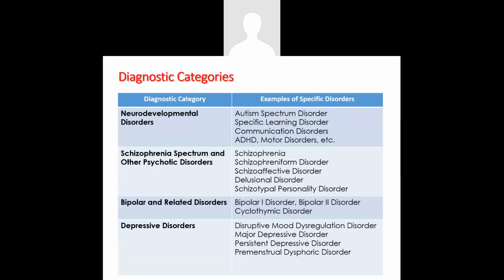And then here is our list of our different diagnostic categories and the specific disorders within it. So what I was going to say, and I apparently didn't have much information in the slides, but we'll get to it a little bit more when we get to this section on neurodevelopmental disorders. But one of the really big shifts was taking autism and Asperger's syndrome and putting it into autism spectrum disorder.